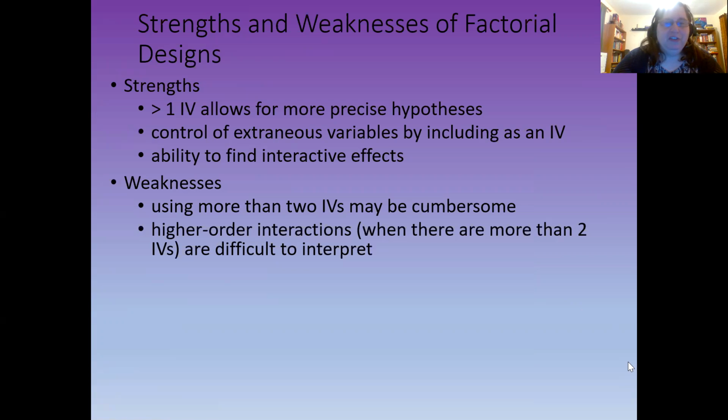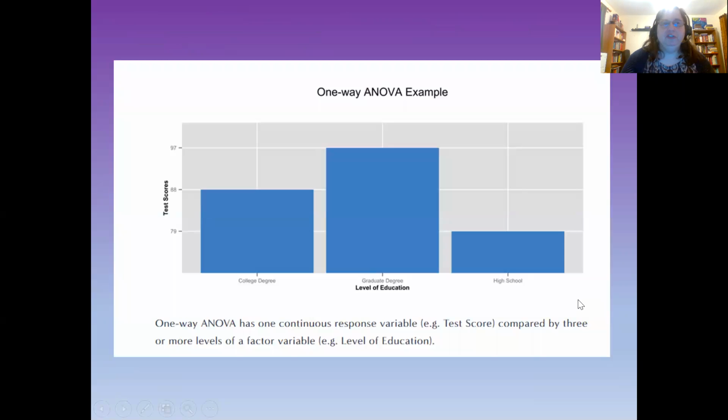And of course, I mean that as a point of humor. But the point being that higher order interactions are just more complicated. So 3 is okay if you really have to, but I wouldn't encourage it. And I definitely don't encourage anything higher than 3. It's just something to keep in mind as you're planning out your dissertations.